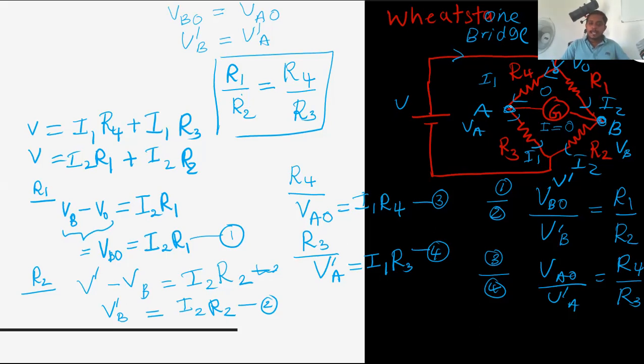That was the thing that I did in the previous question, if you remember the question with the resistors. So that is what we call the Wheatstone bridge. If you have any doubt, you can ask now.